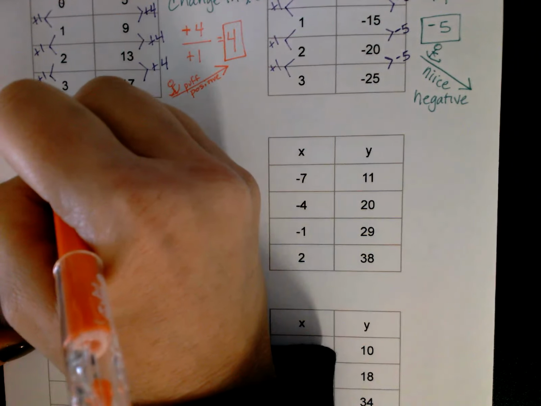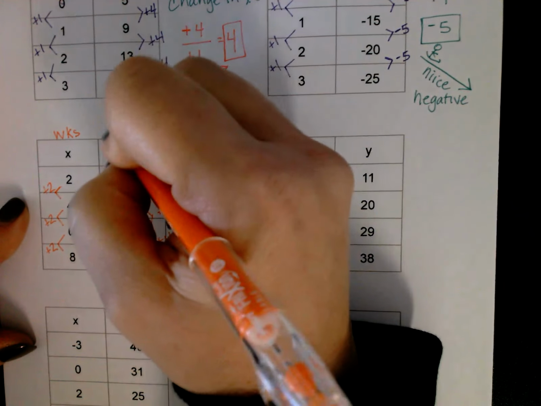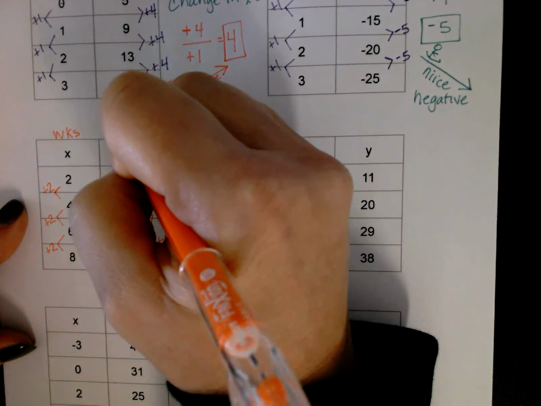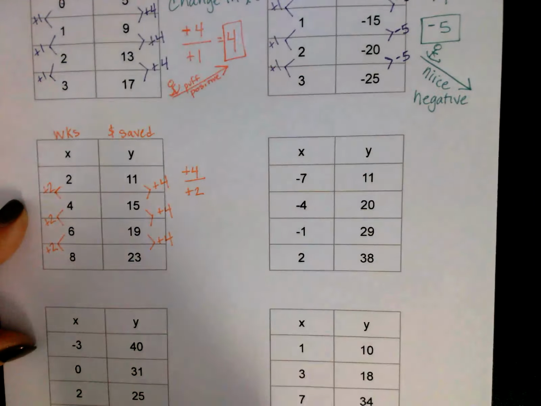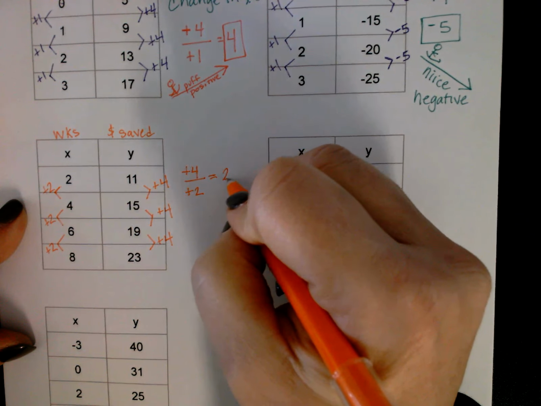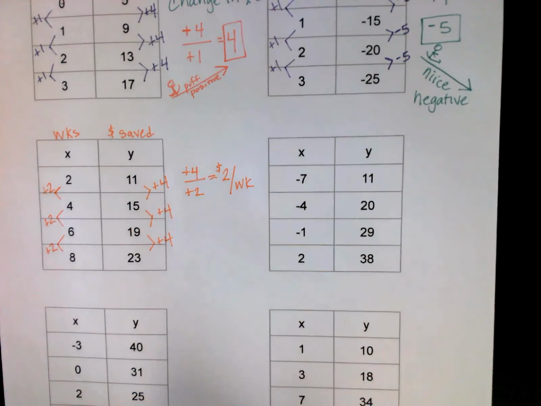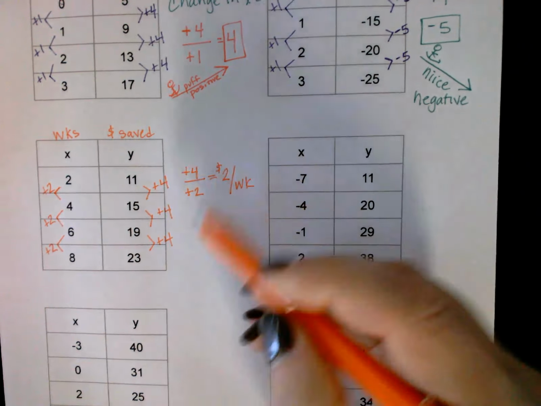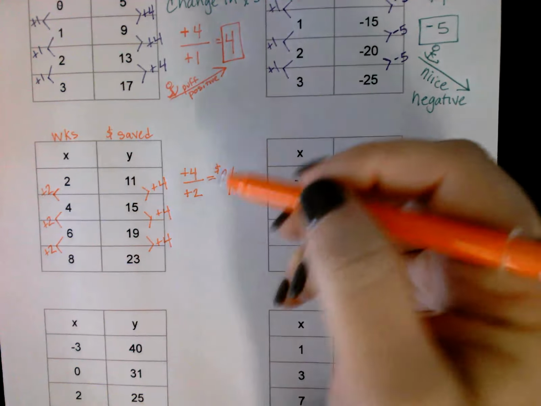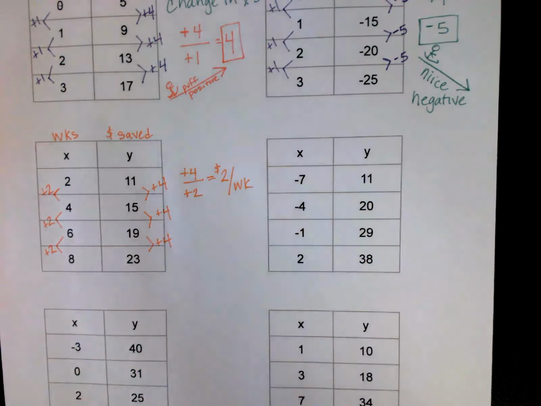If this was weeks, for example, and this was money saved, we would say this person saved $2 per week. If we were to graph this, it would be a positive line because our rate of change is positive. The y's are increasing as the x's increase.